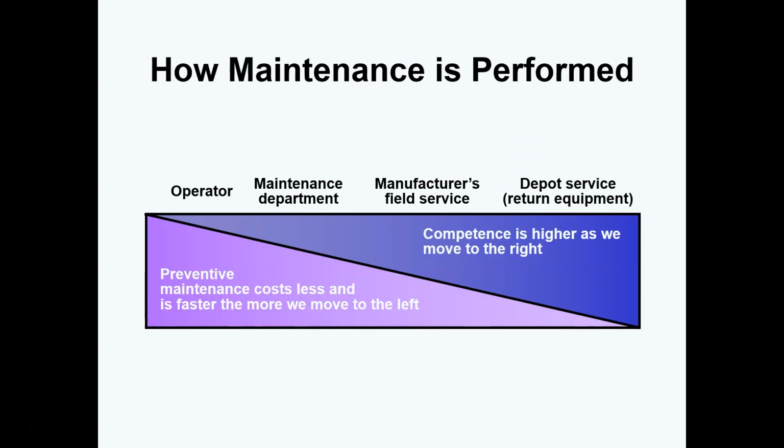This figure shows how maintenance is performed, where you can see the preventive maintenance costs less and is faster moving to the left, while competence gets higher if we move to the right.